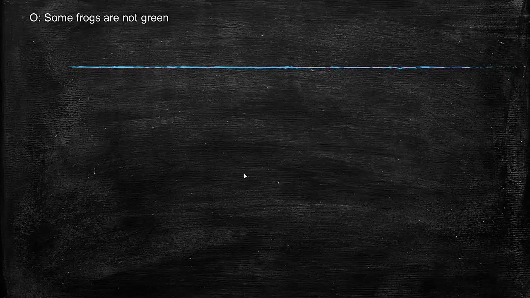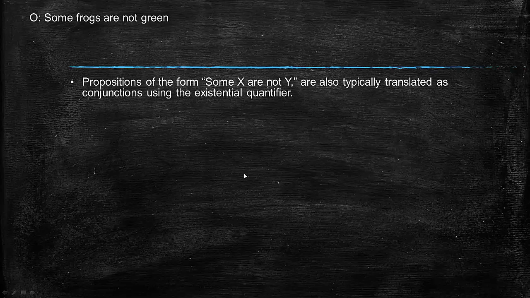And then finally, O, some frogs are not green. So again, we'll use the existential quantifier, and again, stop and see if you can do this yourself. It's not too tricky given everything that's gone before it. We translate some frogs are not green as there exists an X such that X is a frog and it's not green.